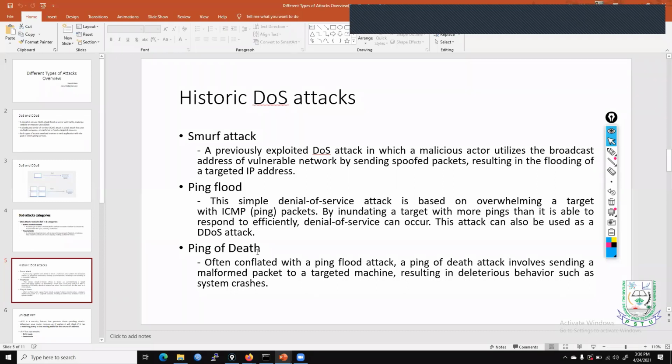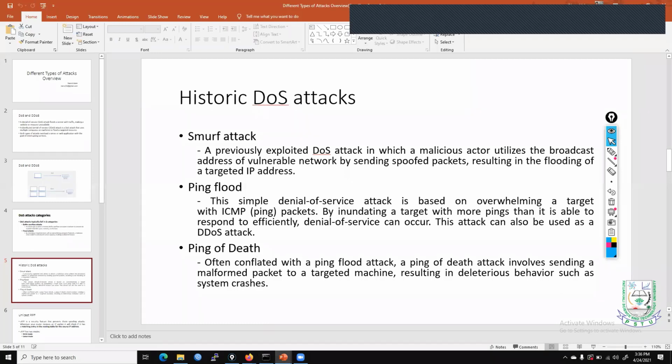But as I already said, when the IP address is spoofed or false, the reply does not actually go back to that source. What actually happens is the server or device is busy getting requests and sending echo replies.